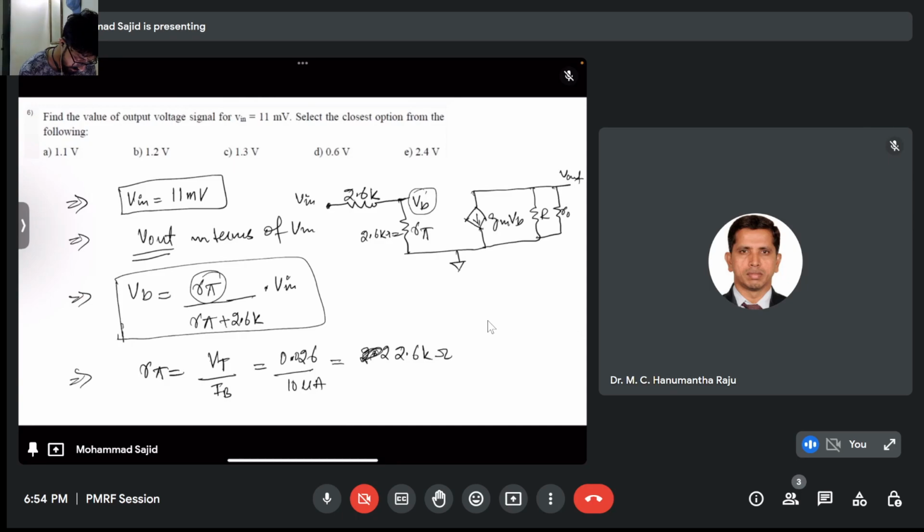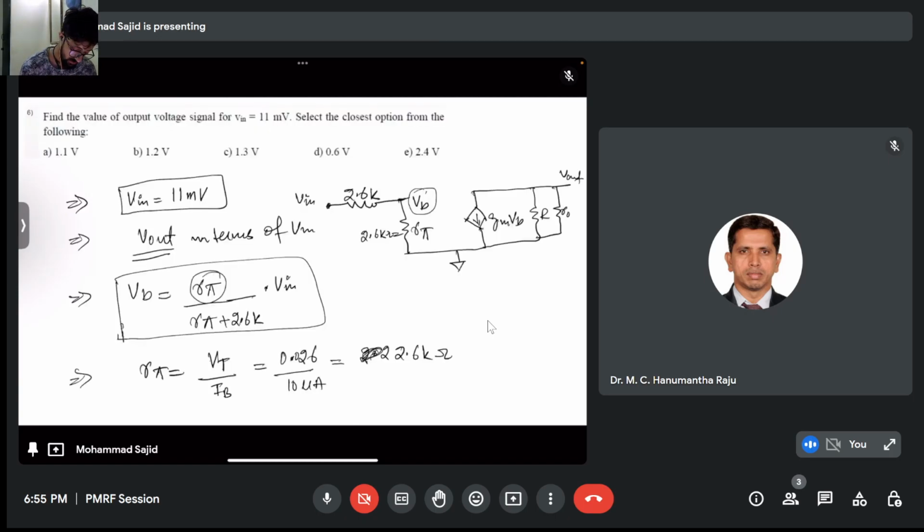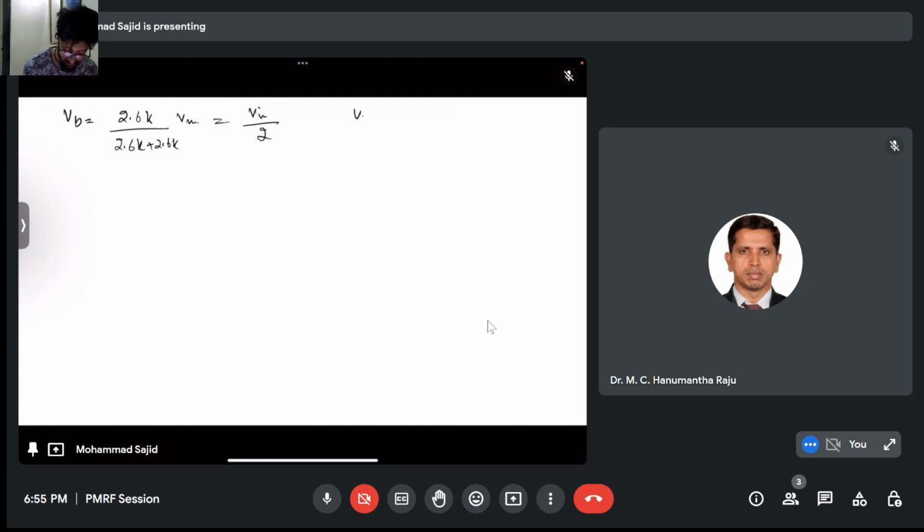Now you have VB, therefore your VB will be equal to 2.6 kilo ohm divided by 2.6 kilo ohm plus 2.6 kilo ohm times V in, that is V in divided by 2. Now V in is given as 11 millivolt.